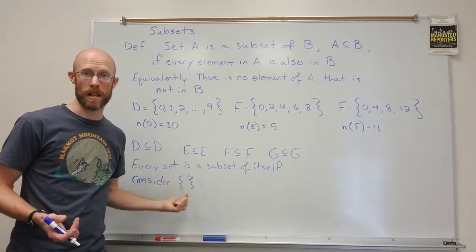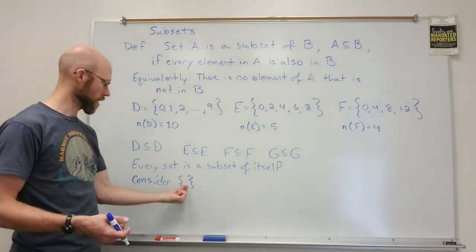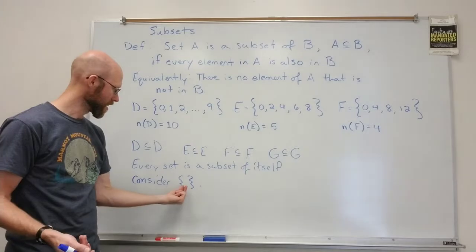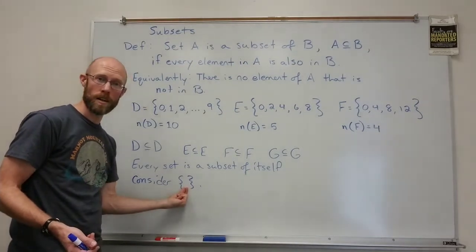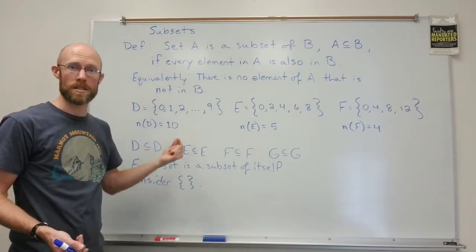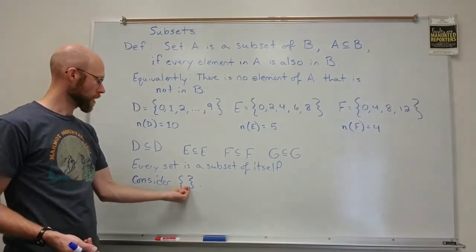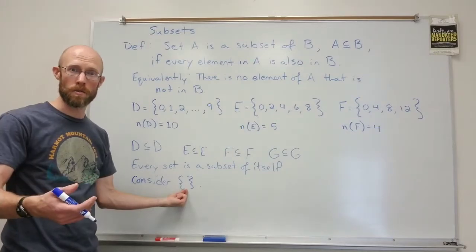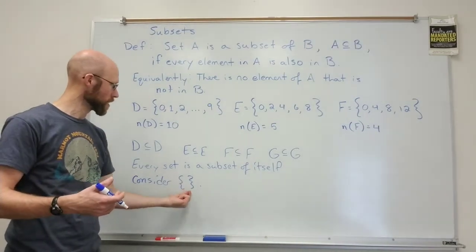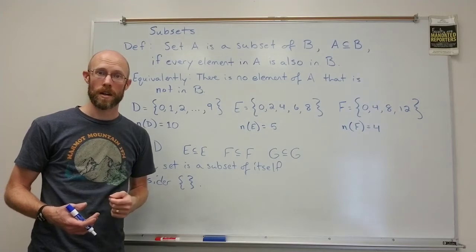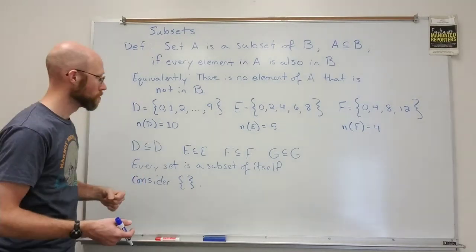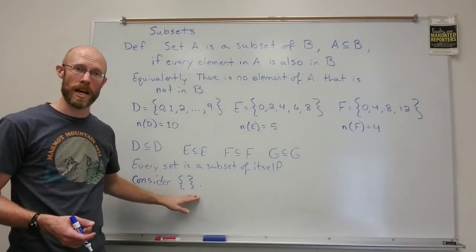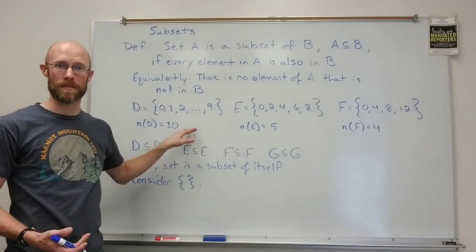So there certainly isn't an element that's not in D. If 17 was in here, then I could say that the empty set is not a subset of D. But because there's no element in here, there can therefore not be an element that is not in D. So, by this equivalent statement, we can conclude that the empty set is a subset of D.